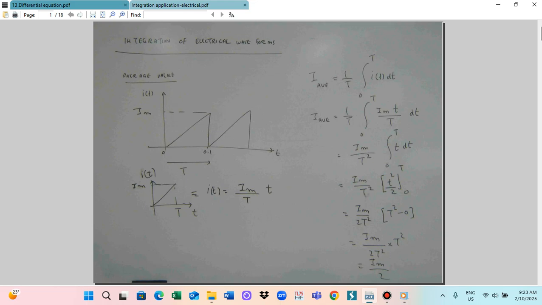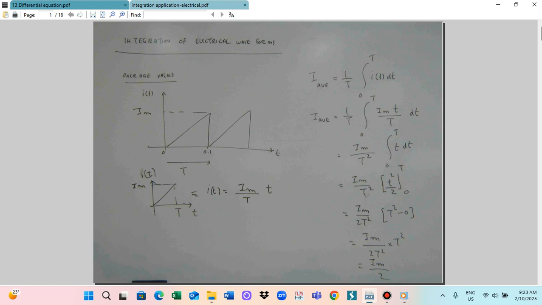This is a straight line slope, so you can write the equation i(t) is equal to Im divided by T multiplied with t. Okay, we can find the average value.